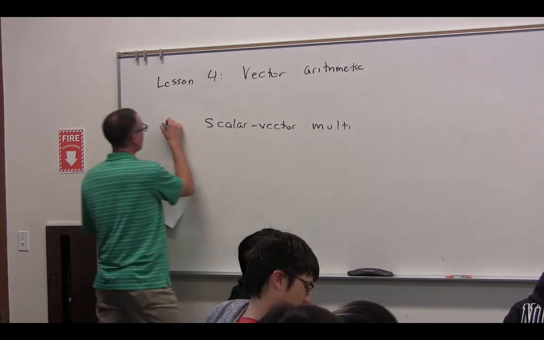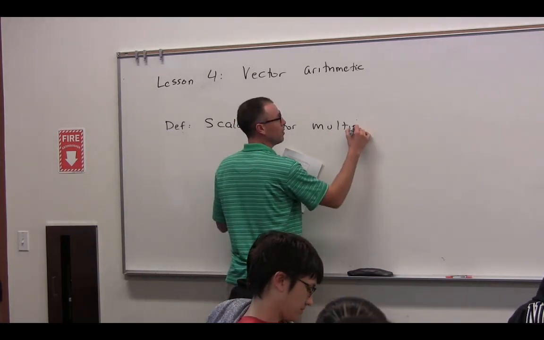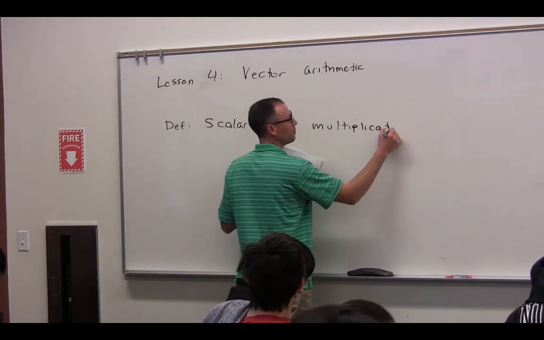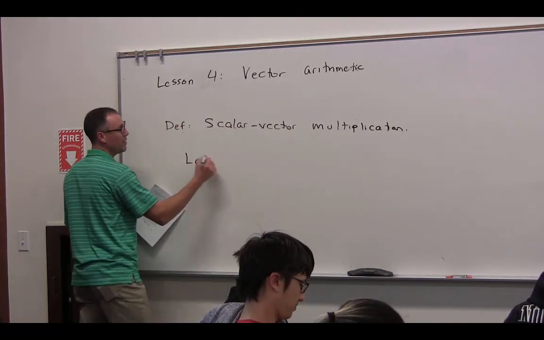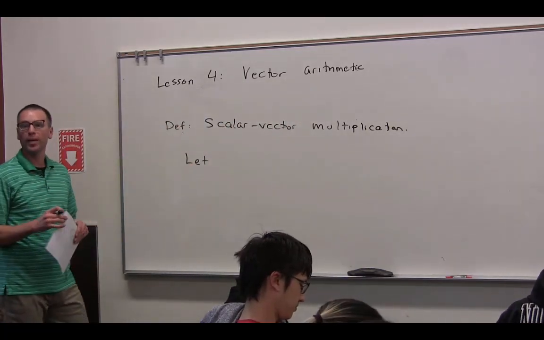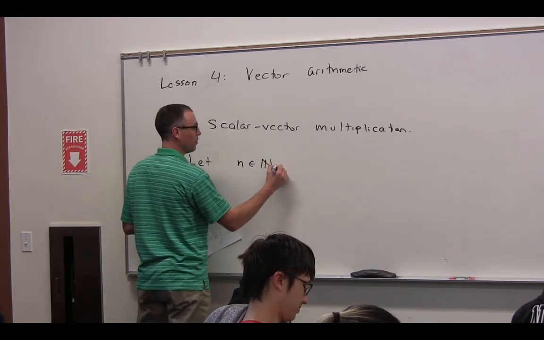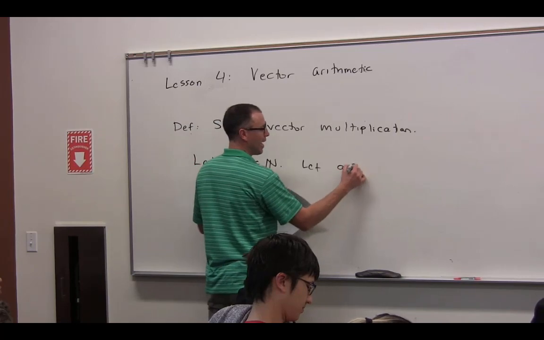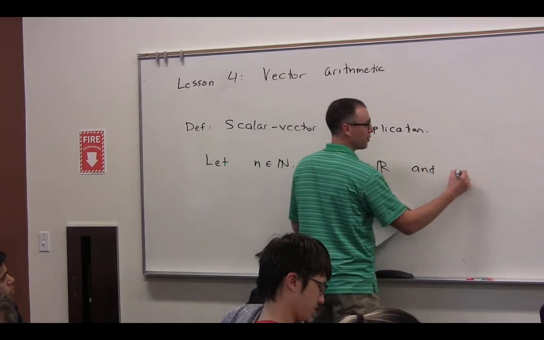So this is a definition of a vector arithmetic problem, scalar vector multiplication. All right, so could you guess what we need to do scalar vector multiplication? Yeah, so let n be a natural number. Let a be a scalar. And could you guess what I'm about to write?